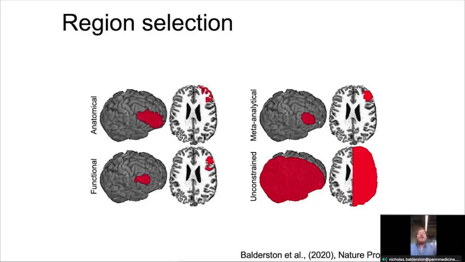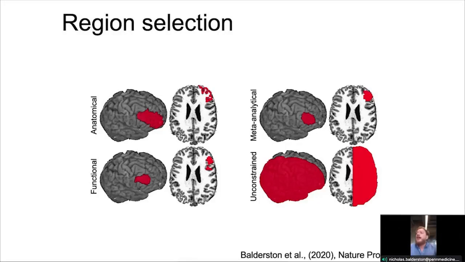In this little piece of data, I looked at the targeting across different definitions of the DLPFC. I used an anatomical mask, a functional mask based on working memory data from my lab, and a meta-analytic mask that I extracted from Neurosynth. Then I compared that to an unconstrained approach.